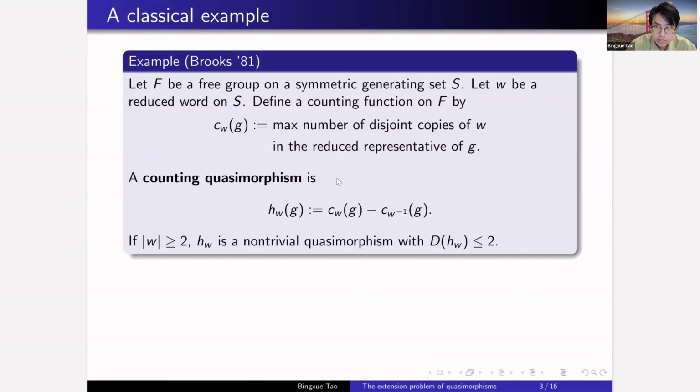And since there are many reduced words on this generating set, you can prove that there are many independent non-trivial quasimorphisms.